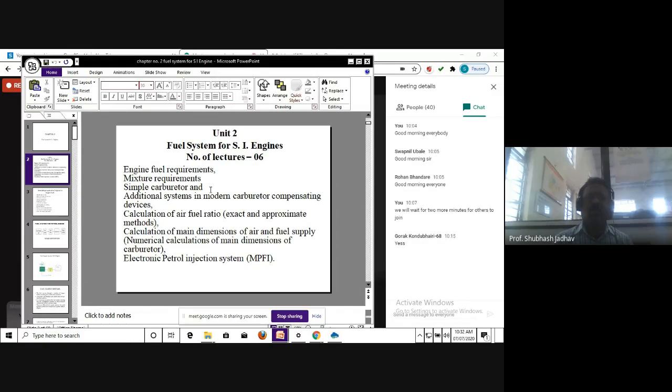Every time the conditions change, some extra things have to be added to the simple carburetor, and that is where we discuss the additional systems in a modern carburetor. Here we will be discussing the additional things required to be added to a simple carburetor in order to make it a complete carburetor.